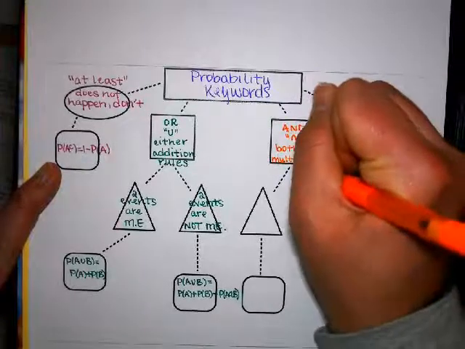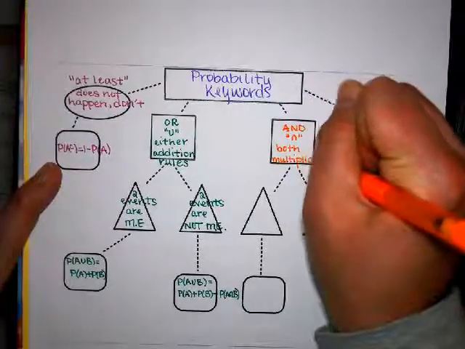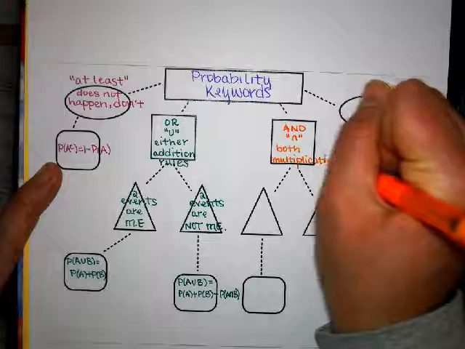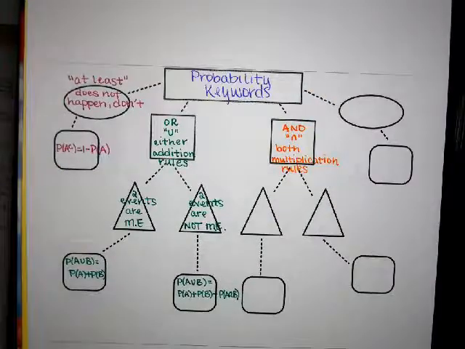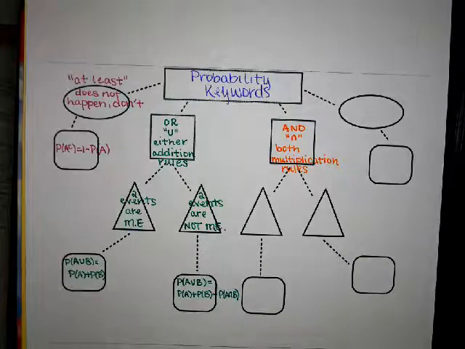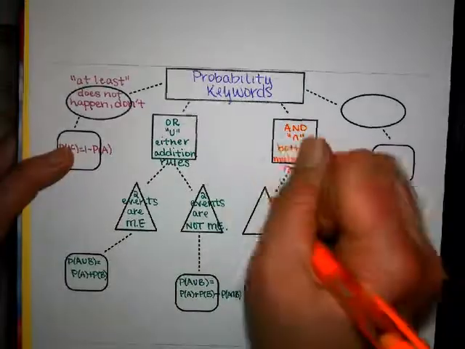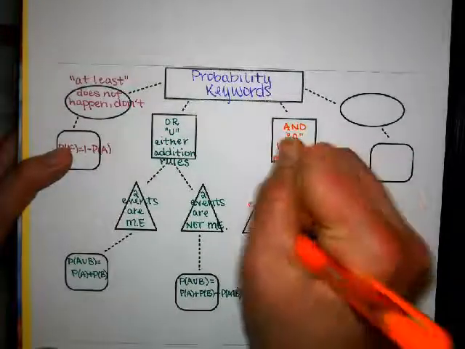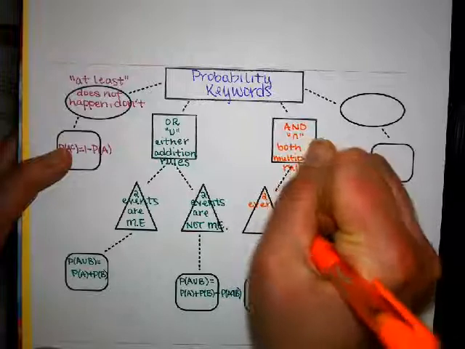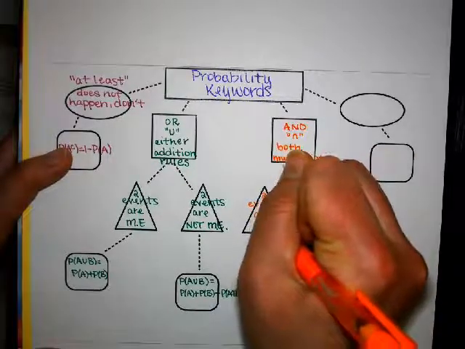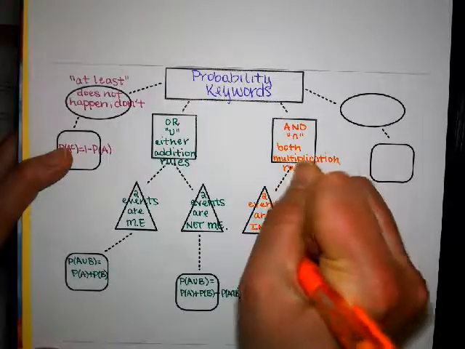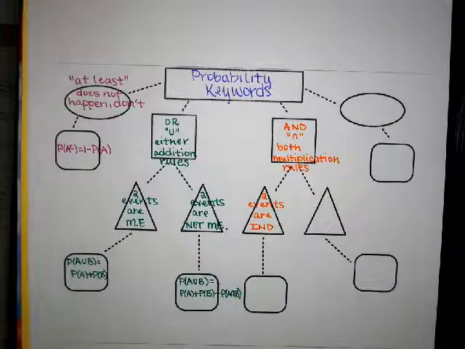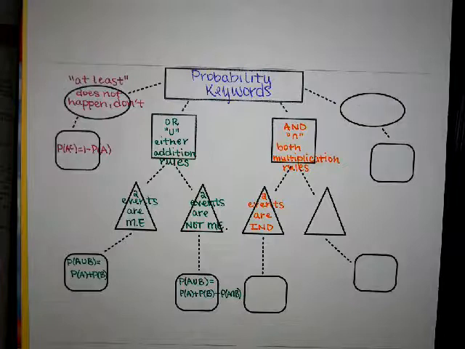And again, there are two situations when it comes to the multiplication rules. You have the general multiplication rule, or you have the multiplication rule for your independent events. So two events are independent, meaning that the outcome of one has no effect on the other, or the two events are not independent.